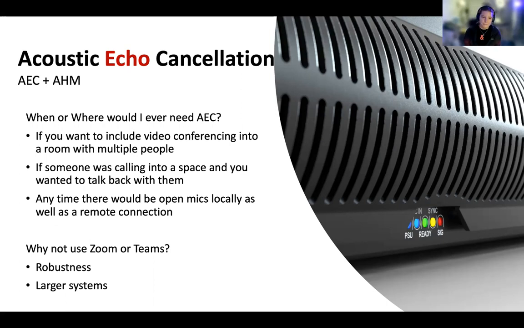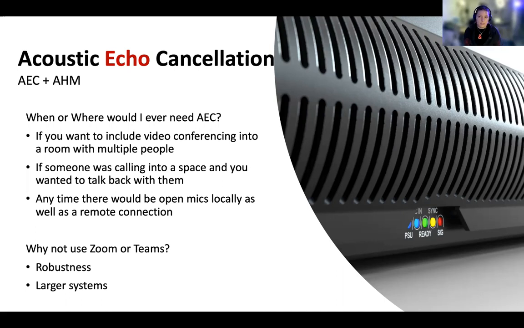And so once you get over one mic or two mics, you need to start thinking, okay, I need a bigger system that's going to be able to handle all this. So even if you were using Zoom or Teams along with this technology, you may want to use the AEC inside of the HM64, for instance, if you wanted something more robust, something you had more control over, rather than a completely automated system that's just working in the background where you have no idea what's going on.